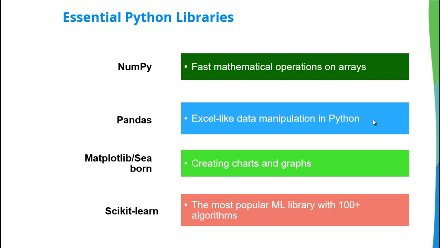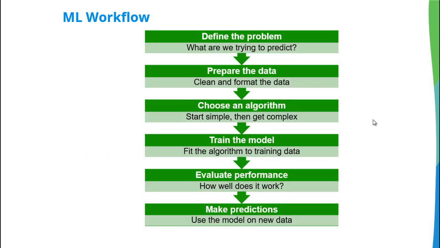We have Pandas, for data manipulation in Python, which gives you a spreadsheet of rows and columns to manage data appropriately. We have Matplotlib and also Seaborn, for creating charts and graphs. We have Scikit-learn, the most popular machine learning library, with over 100 algorithms. These are just the basic essential Python libraries, and we're going to see more of them later.